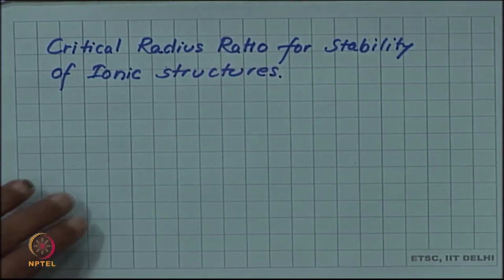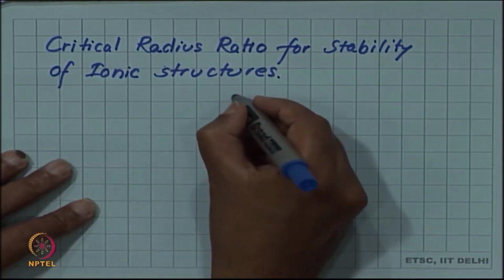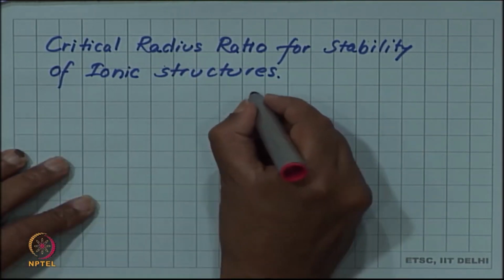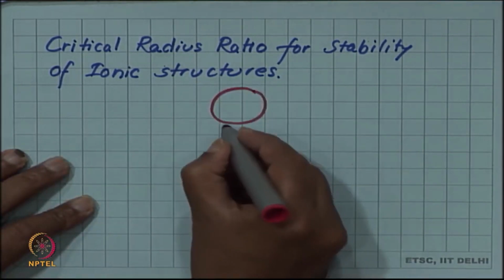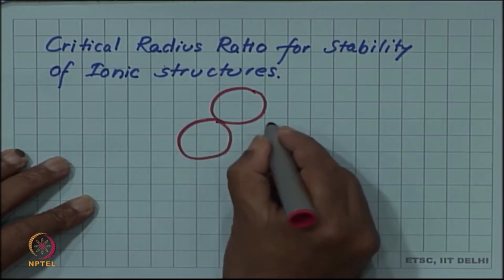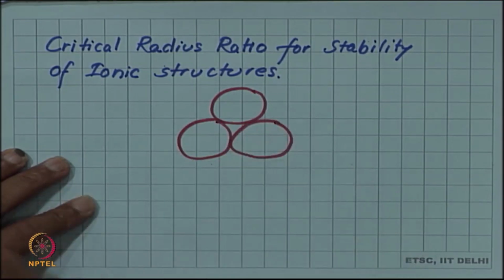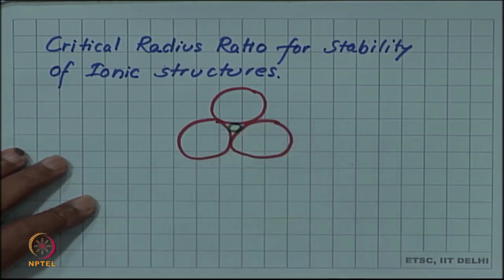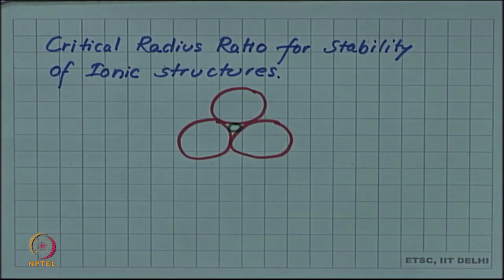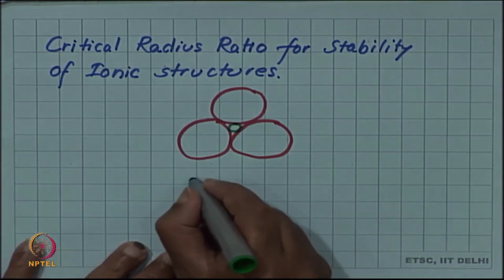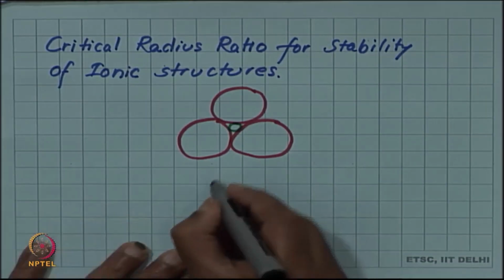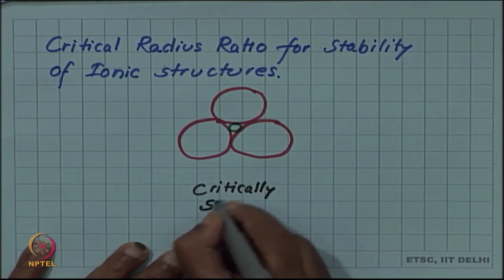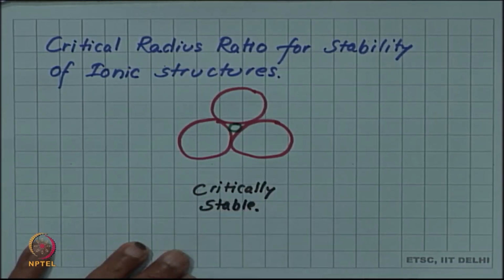And what is that critical ratio? We have already seen, let me draw it again, that in a situation like this, where the central cation just touches the outside ions, this is the critical situation, critically stable.